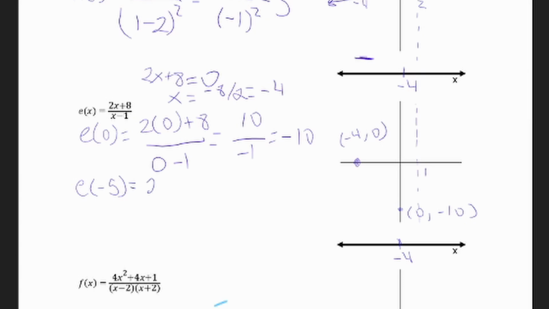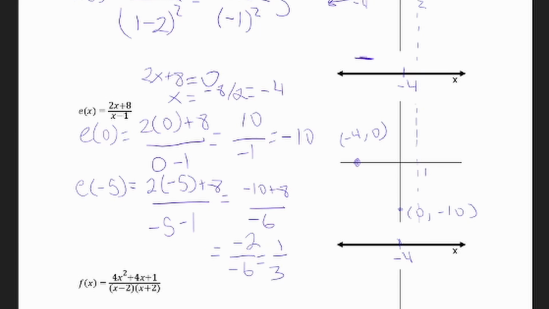So e of negative 5 will give us 2 times negative 5 plus 8 over negative 5 minus 1, which gives us negative 10 plus 8 over negative 6. And so this will give us negative 2 over negative 6, which is positive 1/3. So we know that all the y values less than negative 4 are going to be positive.